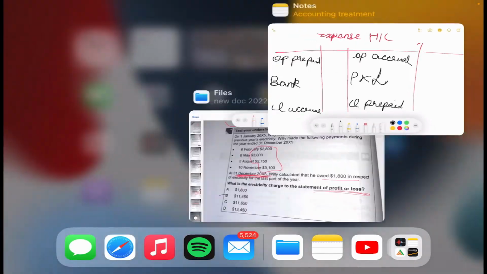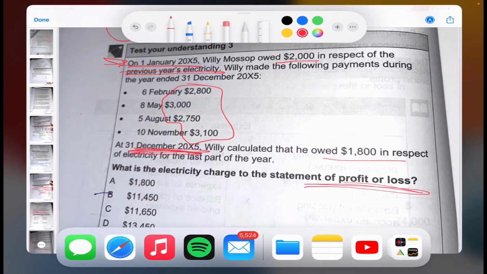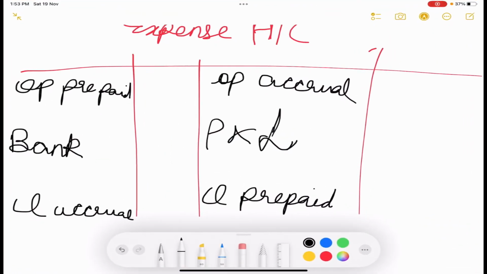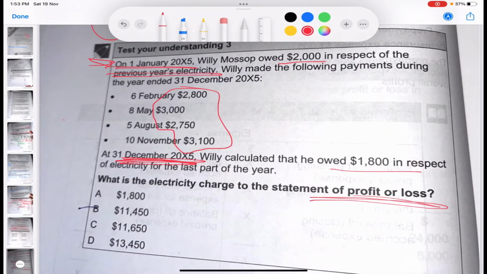Let's go back to the question. So we have 2000 of previous year's electricity. This is my opening accrual. So let me just write that 2000. What else do we have in the question? Willie has paid this. So I'm going to add all this and write it in my bank. So 2800, 3000 plus 2750 plus 3100, 11650.